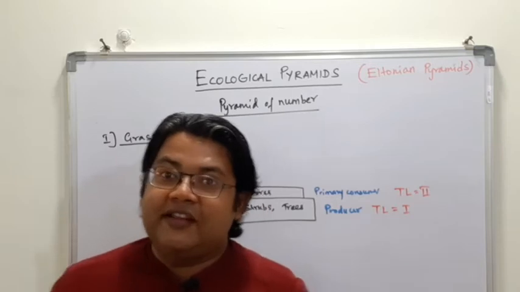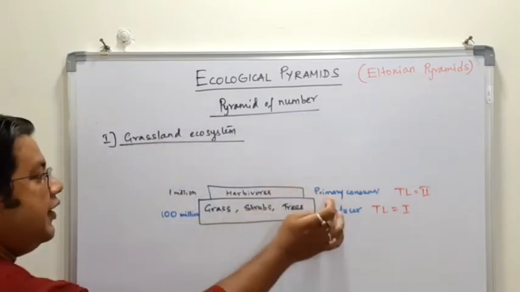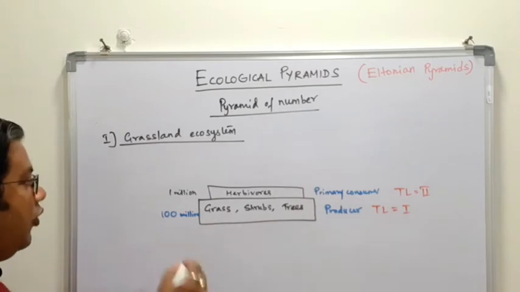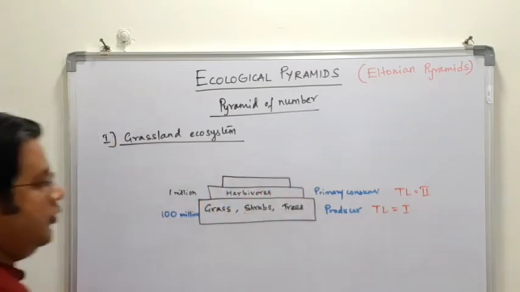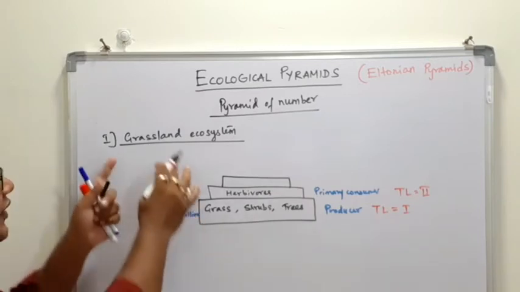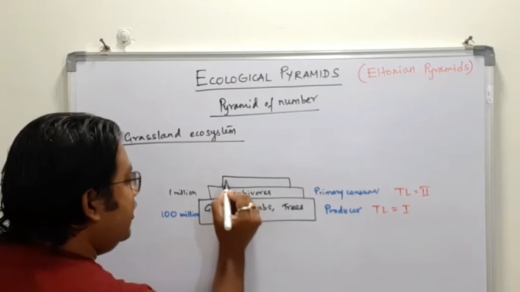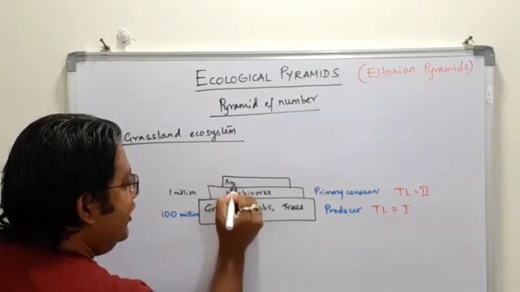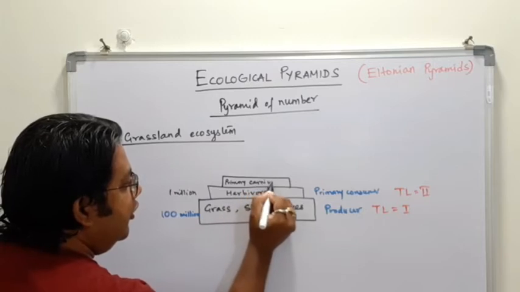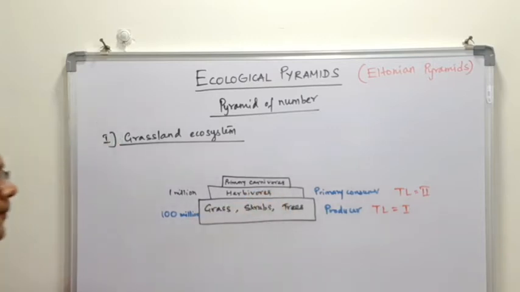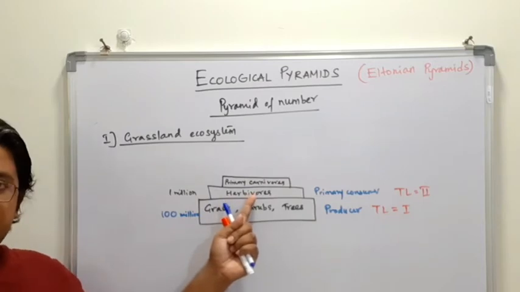Obviously again, the number of the secondary consumers will always be less as compared to the herbivores in this grassland ecosystem. So I'll write it down, primary carnivores will be obviously less as compared to the herbivores.